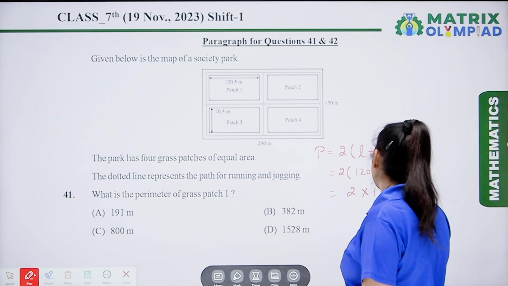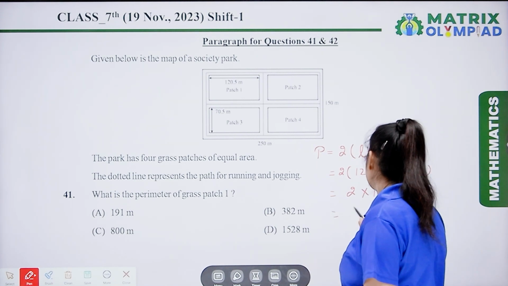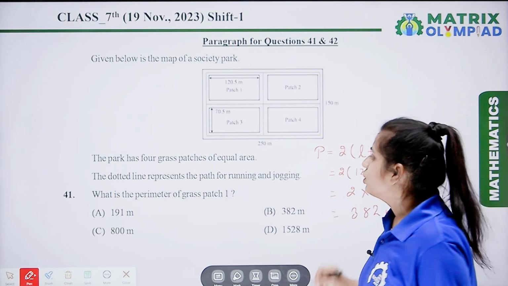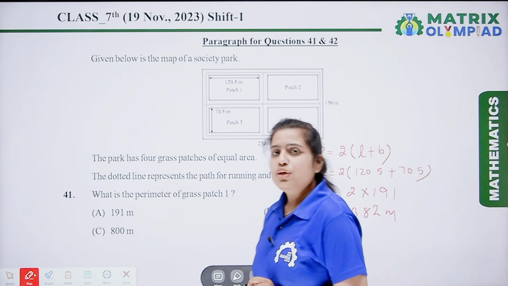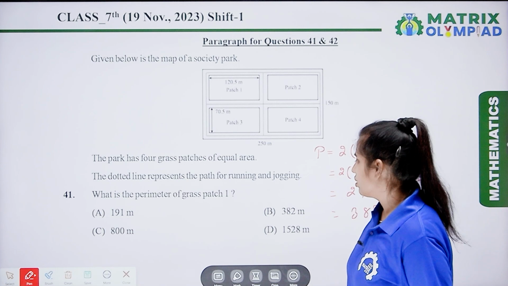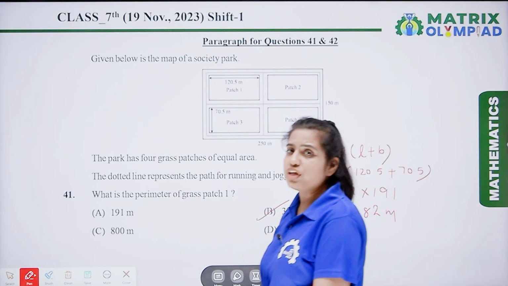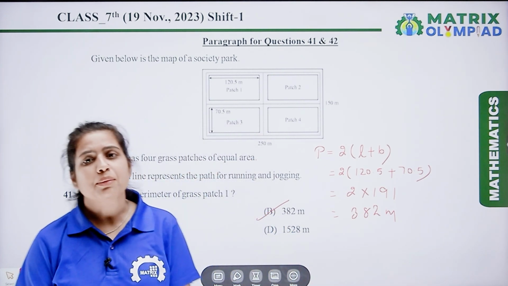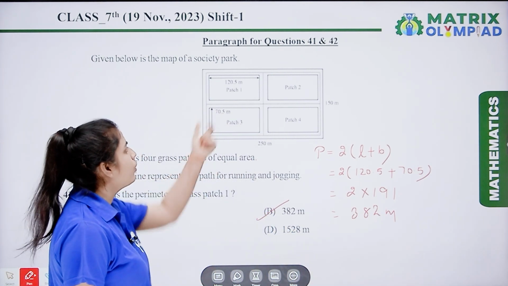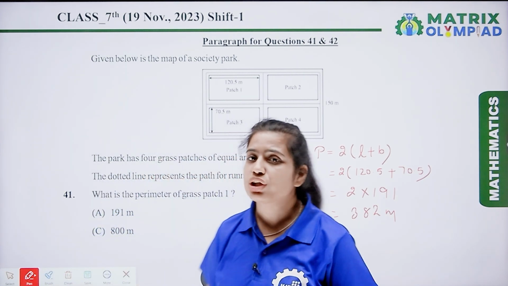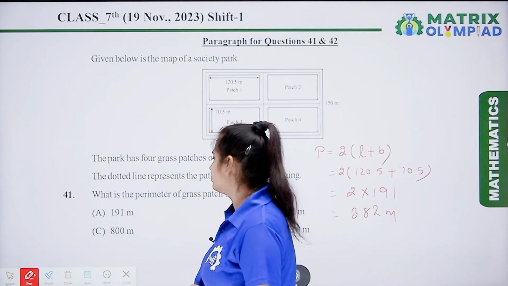Now 2 multiplied by 191, that is 382 meter. So according to the options, option B is the correct answer, as 382 meter is the perimeter of patch 1. Now let's begin with the next question of this paragraph.